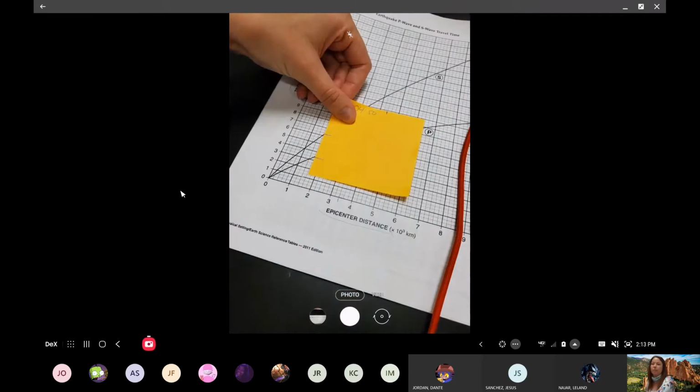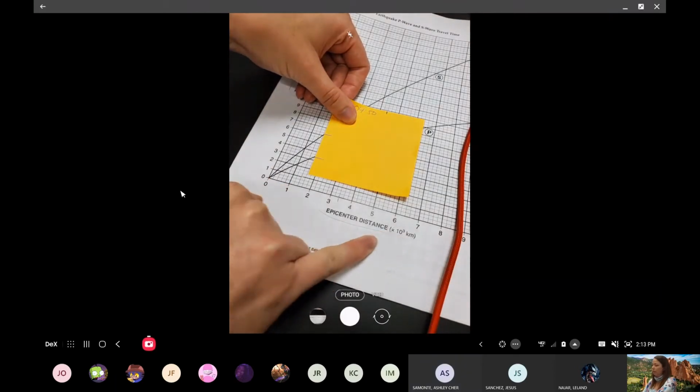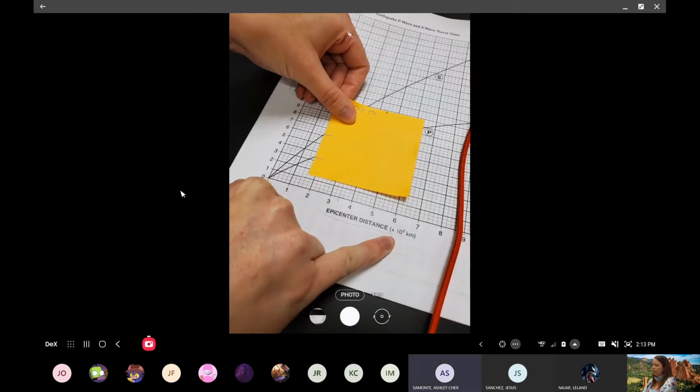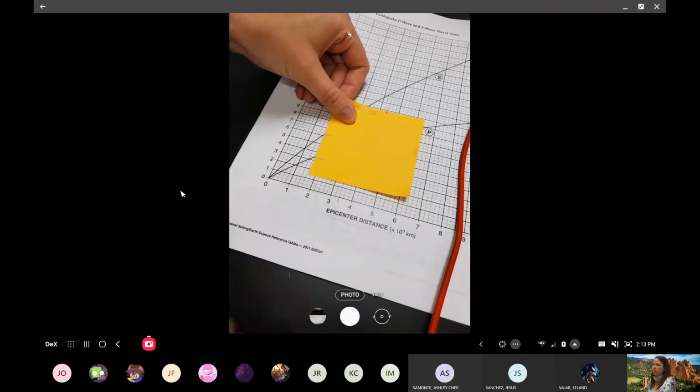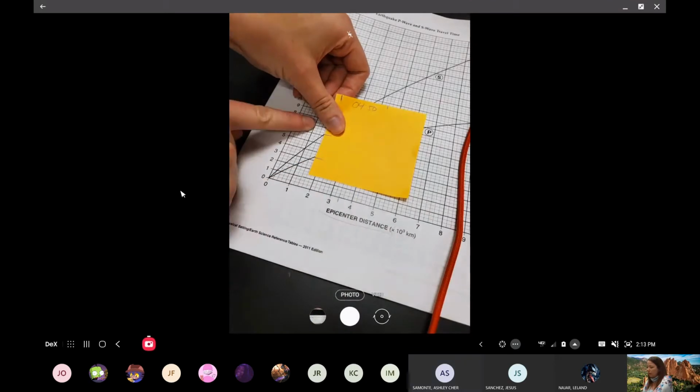Yes, it's measuring in kilometers. And that's my key right down there. My graph tells me it's in thousands. That's times 10 to the 3rd kilometers, which my hand is probably blocking most of that. So right here on this line, it matches up, as close as we're going to get at least.